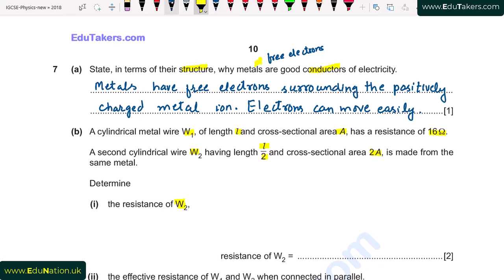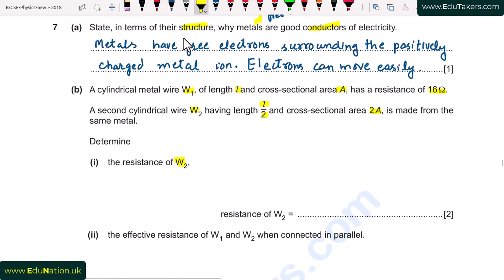So we know the formula that R is equal to, that is resistance, rho L over A. Here rho is resistivity, L is length and A is cross-section area. I write it for wire 1 and wire 2.